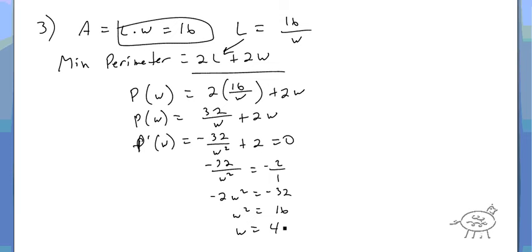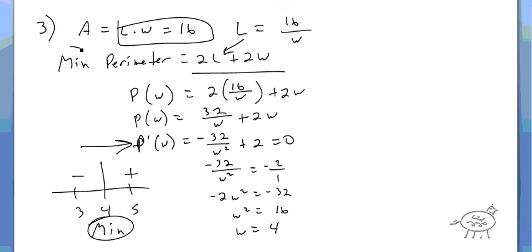All right, so let's do our interval testing here. So 3 and 5, and this gives us negative, and this gives us positive. Remember, we're plugging back into the derivative to do the interval testing. So this makes this a minimum value, which is exactly what we're trying to do here. We're trying to minimize the perimeter. All right, so there we go.